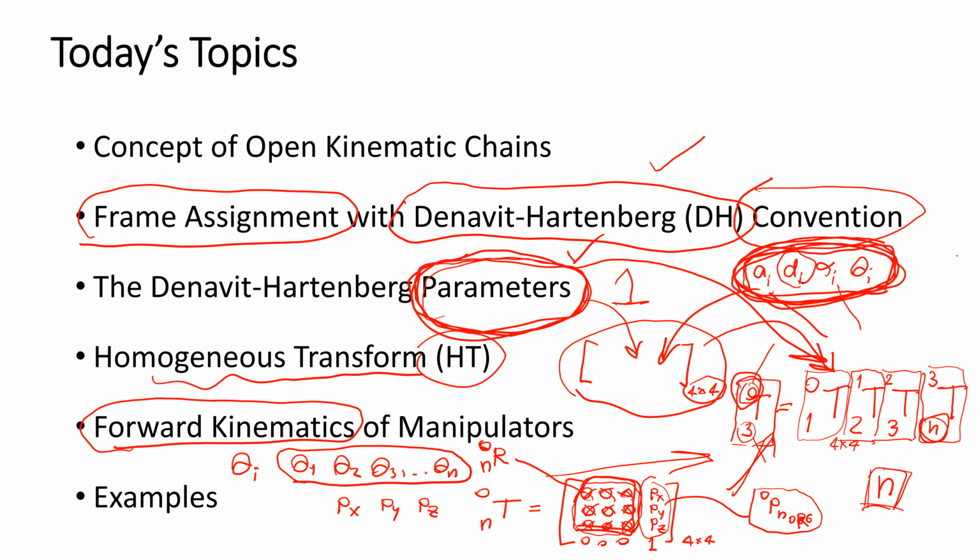The offset sometimes can be constant for the revolute joint, but if we are talking about the prismatic joint, sometimes the offset of the prismatic joint is the value that we can control by actuator, by linear actuator.